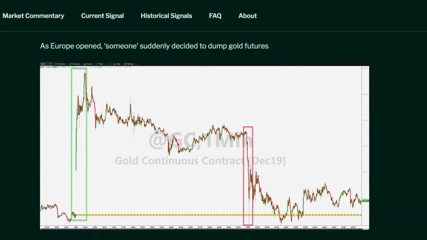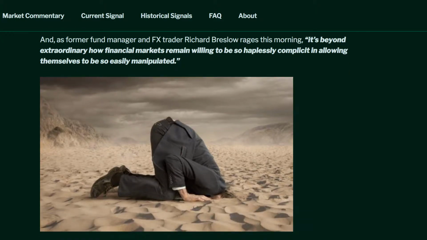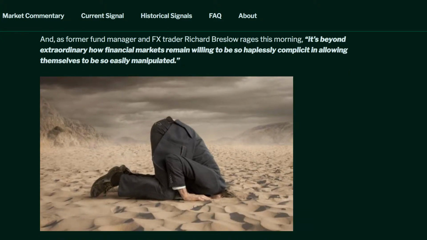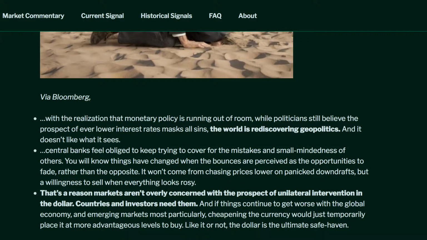And as former fund manager and FX trader Richard Breslow rages this morning, quote, "It's beyond extraordinary how financial markets remain willing to be so haplessly complicit in allowing themselves to be so easily manipulated." End quote. Via Bloomberg, with the realization that monetary policy is running out of room, while politicians still believe the prospect of ever lower interest rates masks all sins, the world is rediscovering geopolitics, and it doesn't like what it sees.